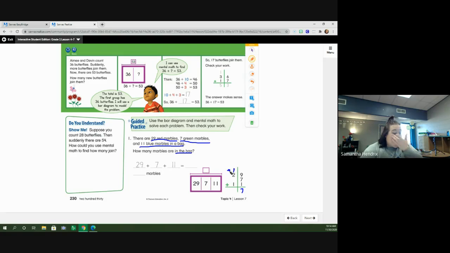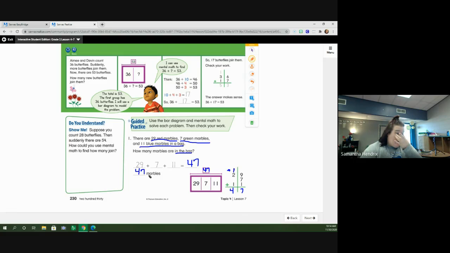Don't forget your carryover. That's 4. Okay. So in the bar diagram, 47 would go here. That's our whole. If we traced all these out, 47 would go here. It's just showing you all the different ways that you can solve. And then, of course, we have 47 marbles.